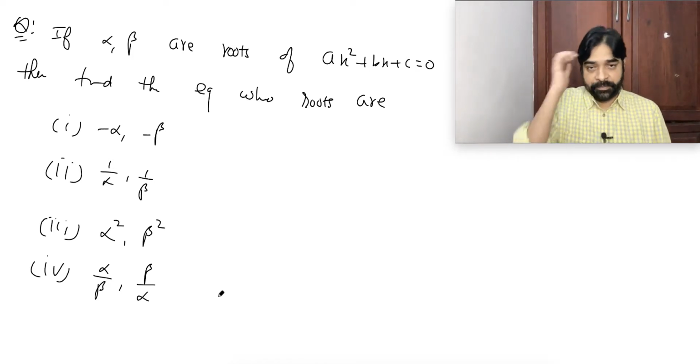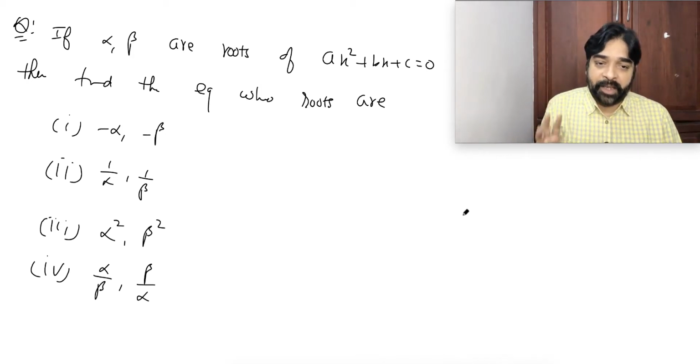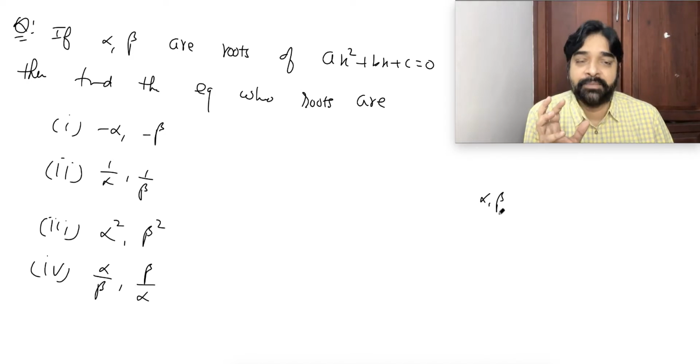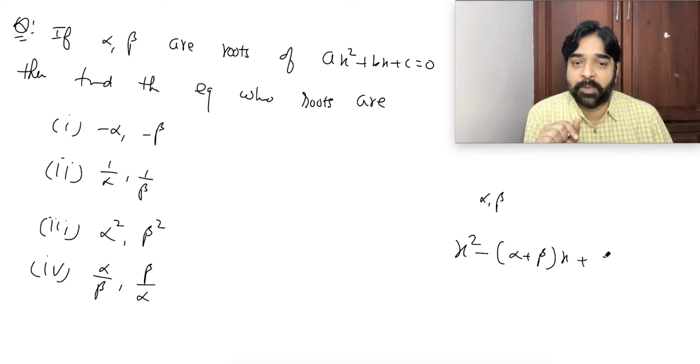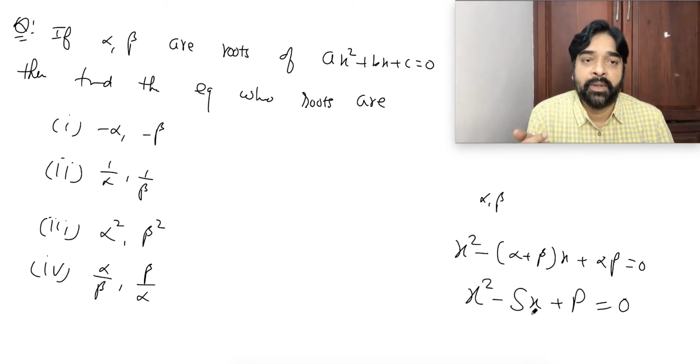That's all. Only one logic is there everywhere. What is that? If the roots are alpha and beta, then the equation will be given by x square minus sum of roots into x plus product of roots, which in 9th and 10th class you used to study, this formula: sum of roots, product of roots.